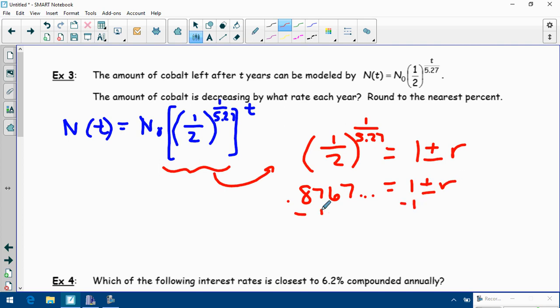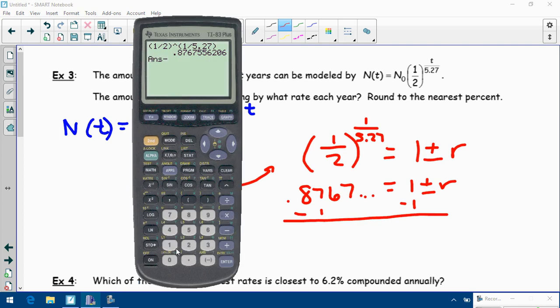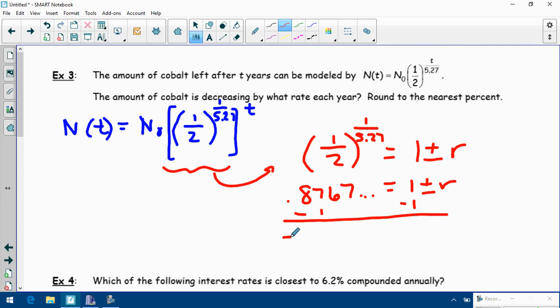Subtract 1 from both sides. Minus 1 gives us negative 0.1232 equals r. So rounding to the nearest percent, it's decreasing by, move the decimal place 2 to the right, so that'd be negative 12.3. So it's decreasing by about 12%.